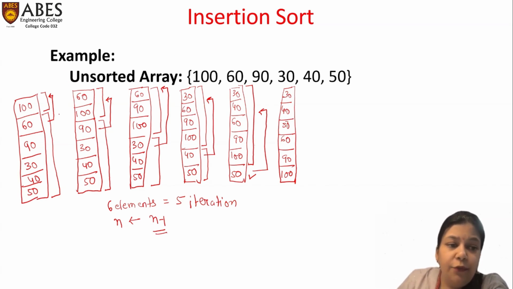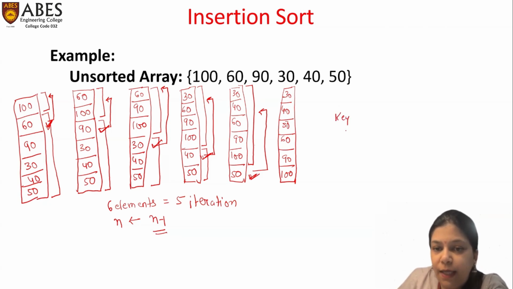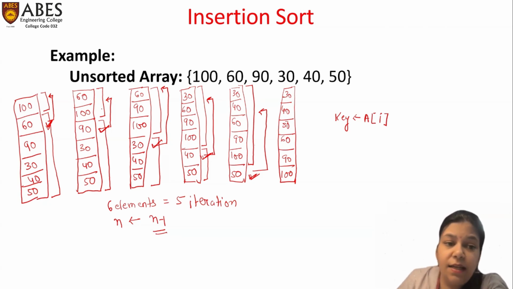You can see that in every iteration, we have taken one element. Let us consider this element as the key element. We have taken one element like 60, then we have taken 90 as the key element, then 30 as the key element, then 40 as the key element, and last we have taken 50 as key element. So I can say that we have taken a variable key and we have placed one element, A of i, into this key, where i is beginning from the second index.